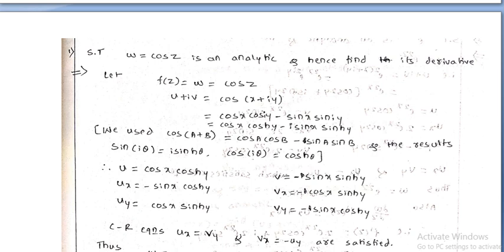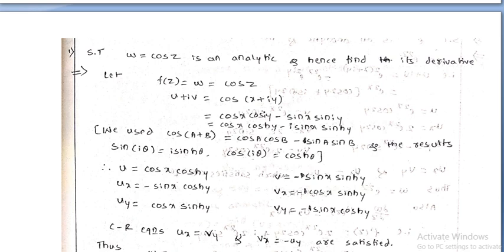Then u with respect to y: cos x is constant, and the differentiation of cosh y is sinh y. Similarly, v with respect to x: the differentiation of sin x is cos x, so minus cos x sinh y. And with respect to y: sin x is constant, and the differentiation of sinh y is cosh y, into minus sin x.